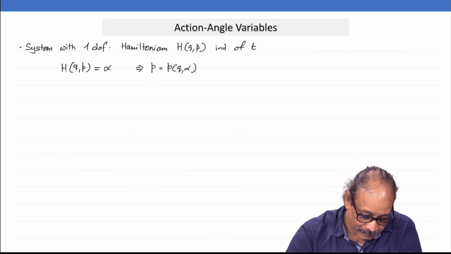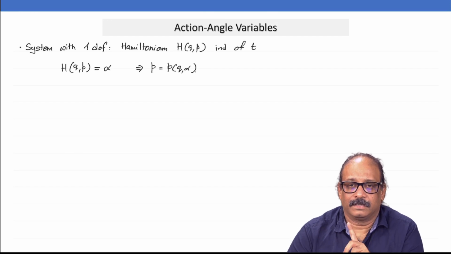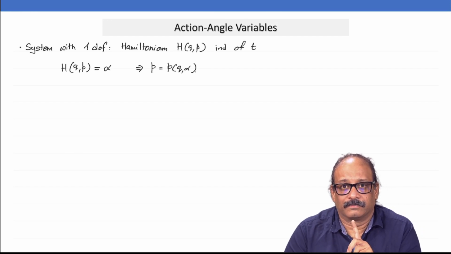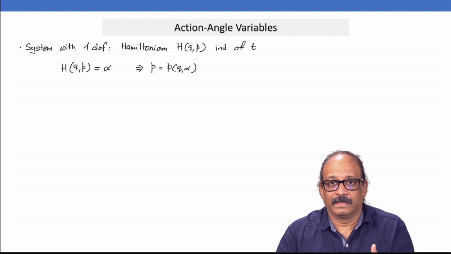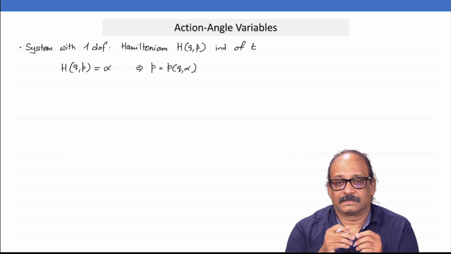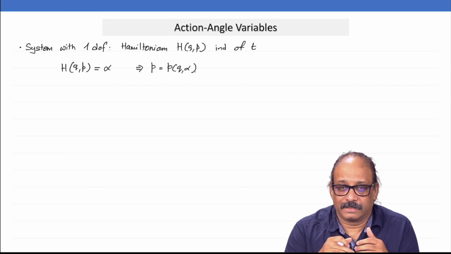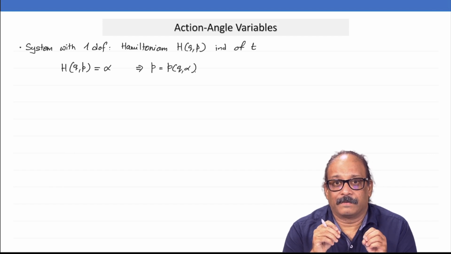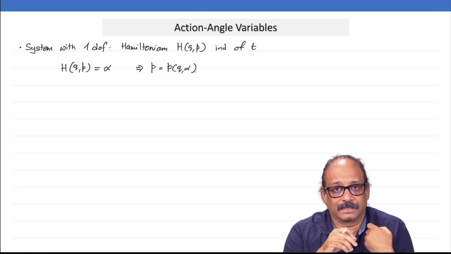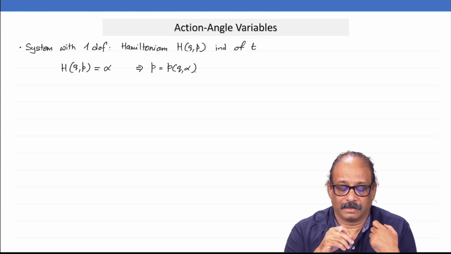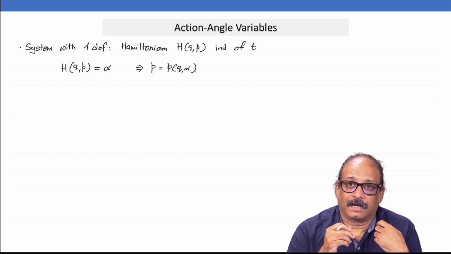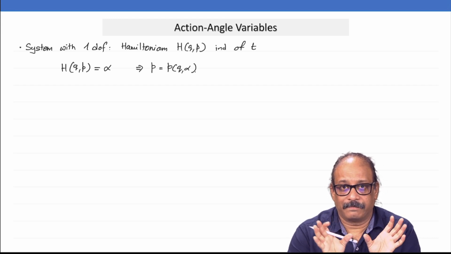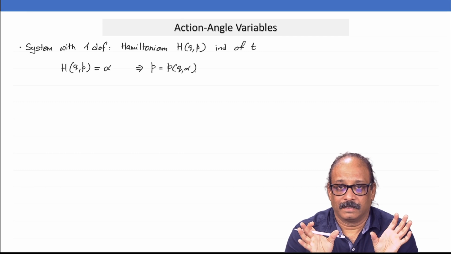Let us start by, I will first apply it only to a system with 1 degree of freedom. Okay. Once we understand this, then the extension would be straightforward. Of course, this does not easily apply to extended systems, but to what are called separable systems. You remember in the previous example of the Kepler problem, of the central force problem, I said that we could separate the r variable and theta variable.